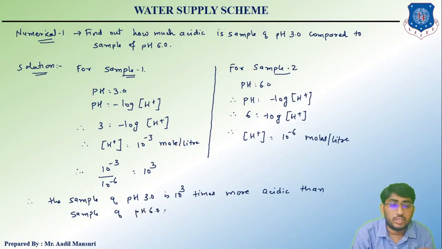This is how the acidity of a sample is measured, that is, how much more acidic one sample is as compared to the other sample.